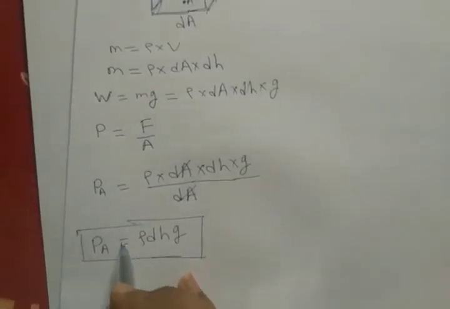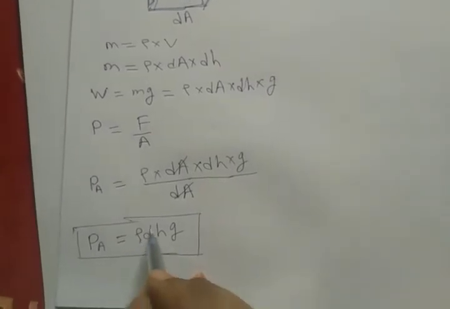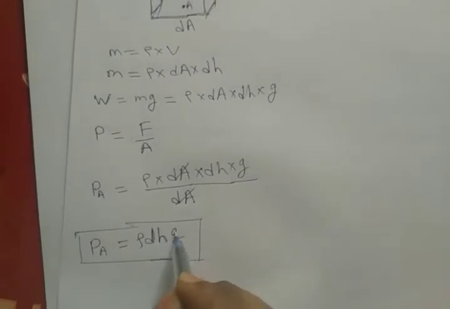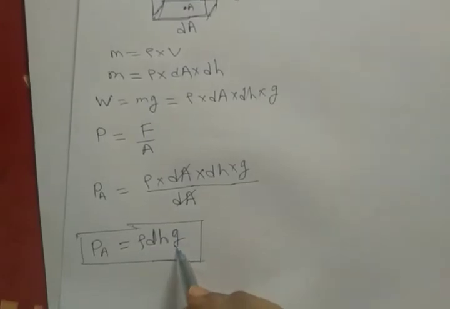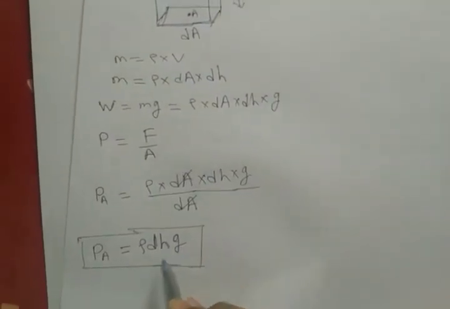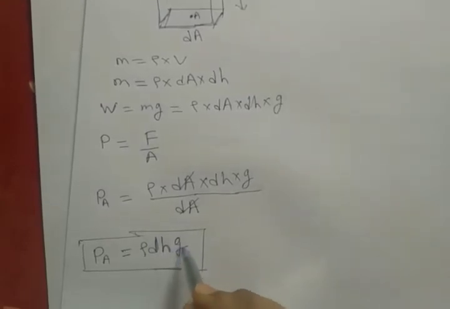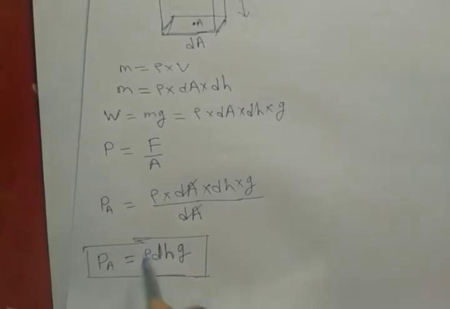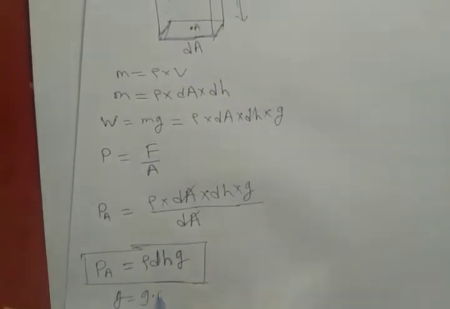It is the product of rho, the height of the fluid column, that is dh, and the gravitational acceleration. We should know that g, gravitational acceleration, changes with the height, but for small height dh we can consider g as a constant, and at the surface of earth we can use g equal to 9.81.